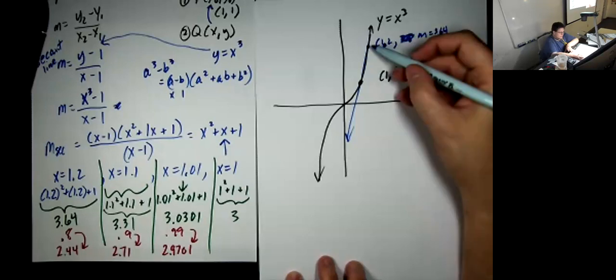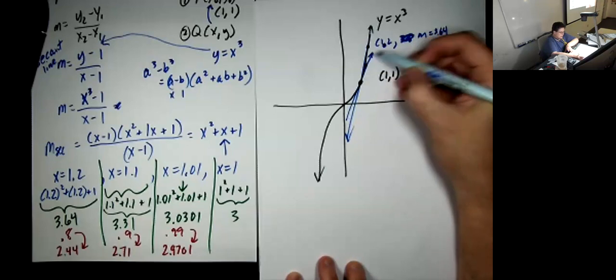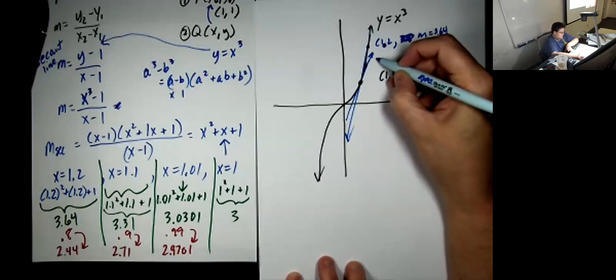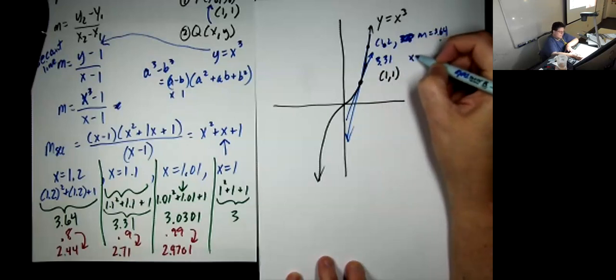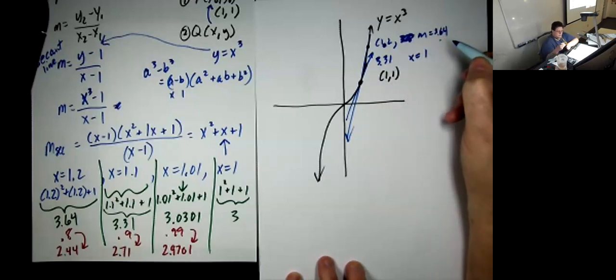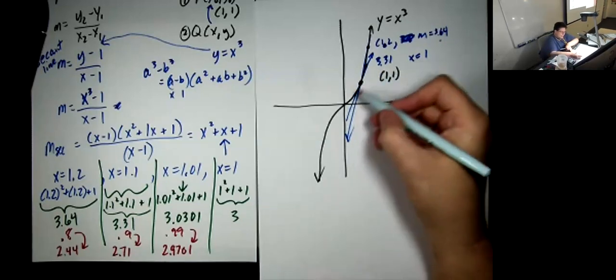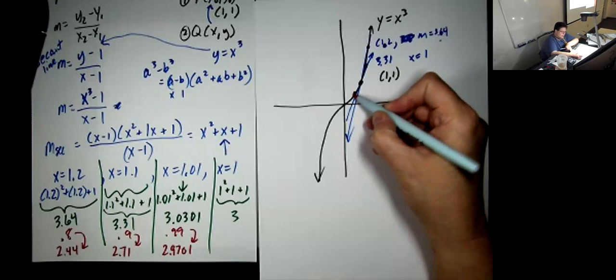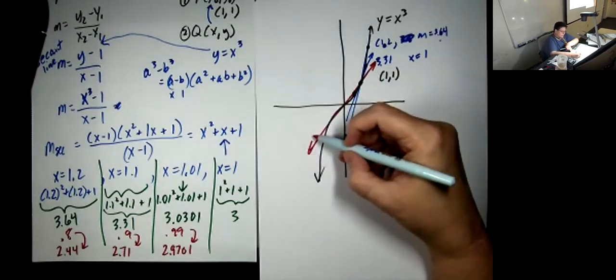But we saw m was 3.64 when we had this line right here. m was getting a little closer to 3. Let's say this is the 3.31 for 1.1. When we were coming from the left, say 0.8 is right there. That was our 2.44.